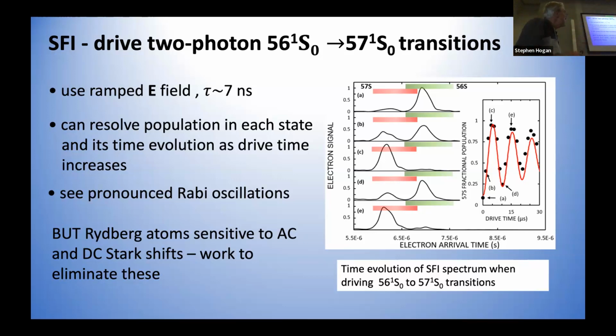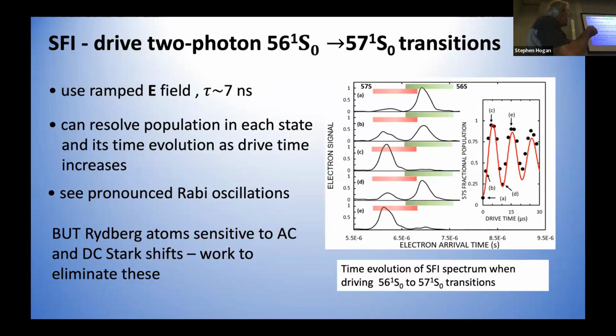So here I show some selective field ionization spectra. Here's the electron signal from field ionization as a function of electron arrival time when we're driving 56S to 57S transitions using a ramped electric field. This is the range of field strengths, in other words, times over which 56 atoms should ionize, the same for 57 here.